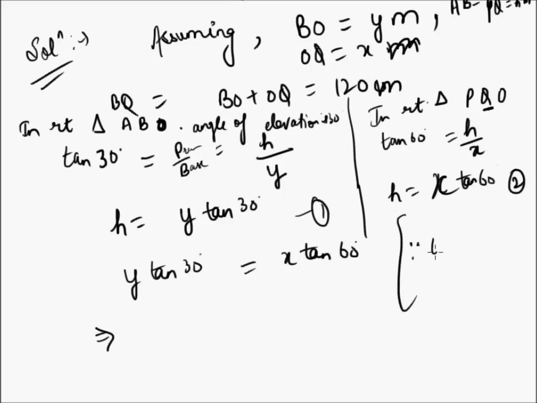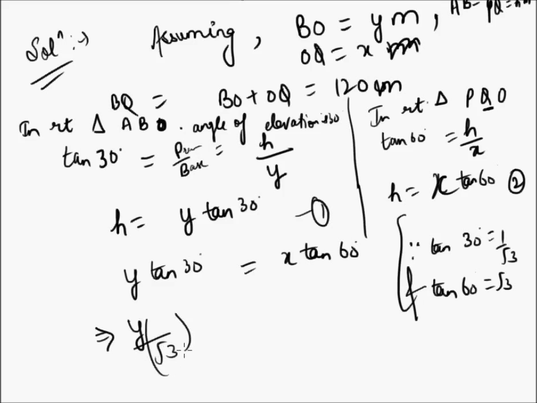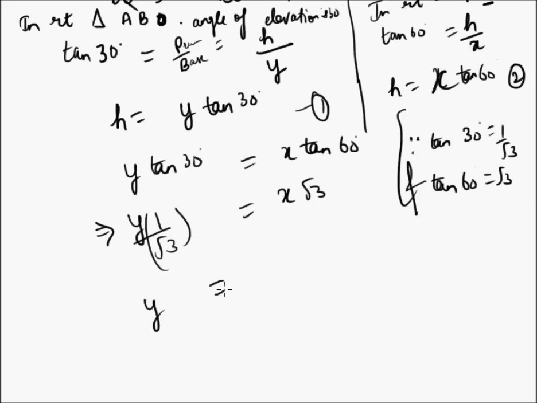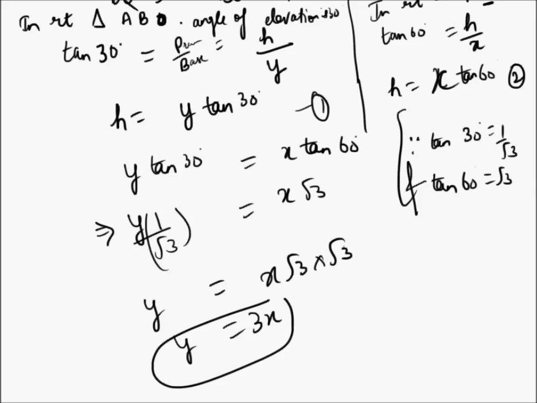Tangent of 30 degrees is 1 by root 3 and tangent of 60 degrees is root 3. So we have y into 1 by root 3 is x into root 3. Just rearranging the terms, y equals 3x, thrice of x.